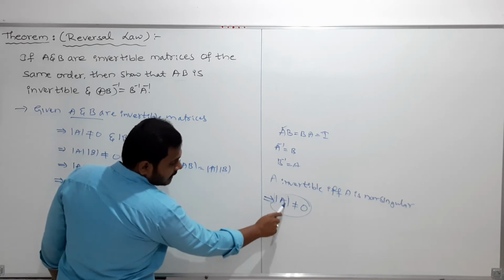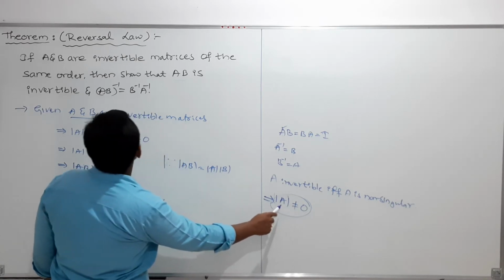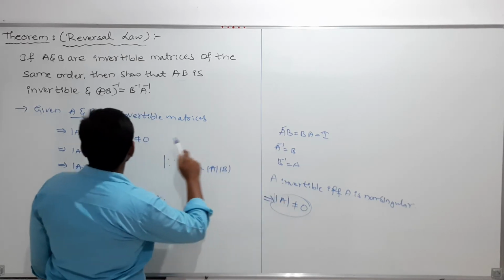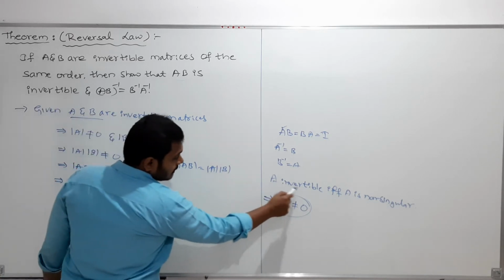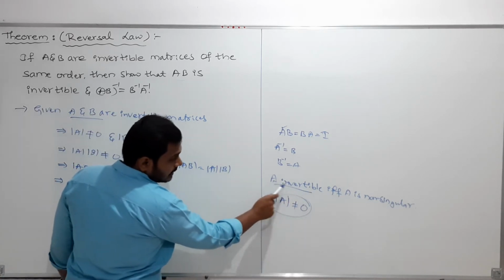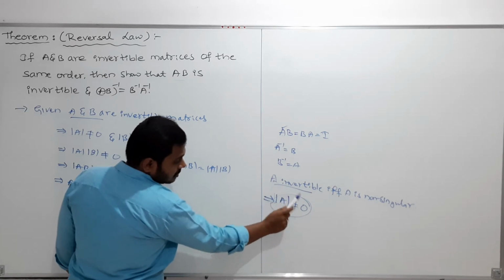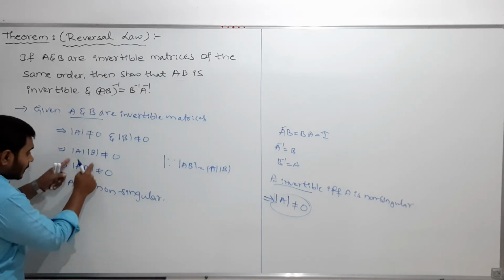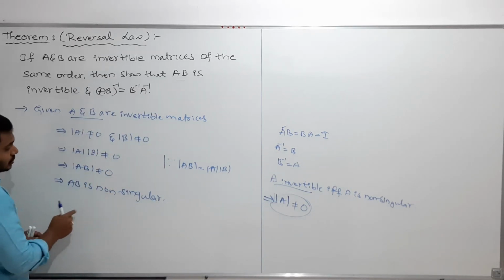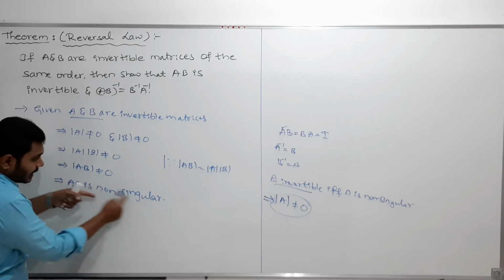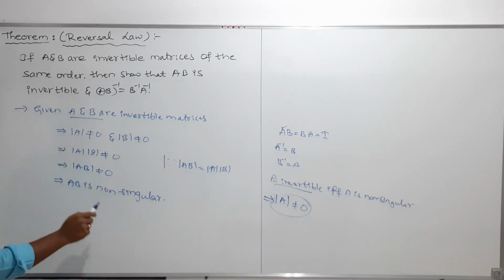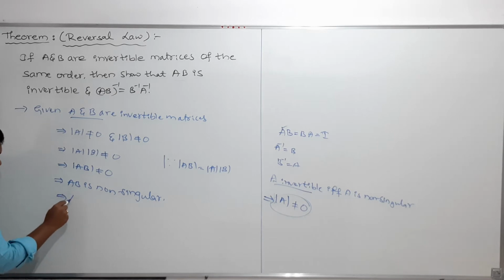If determinant of A is not equal to 0, I can say that A is invertible. Like that, determinant of AB is not equal to 0 means AB is non-singular.